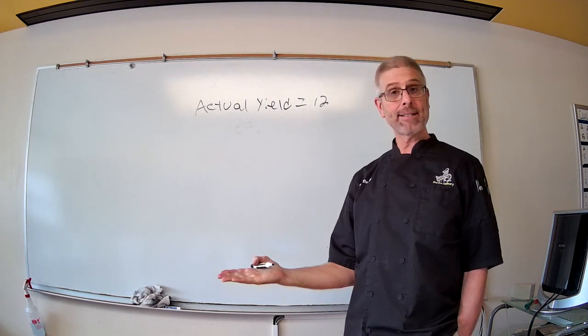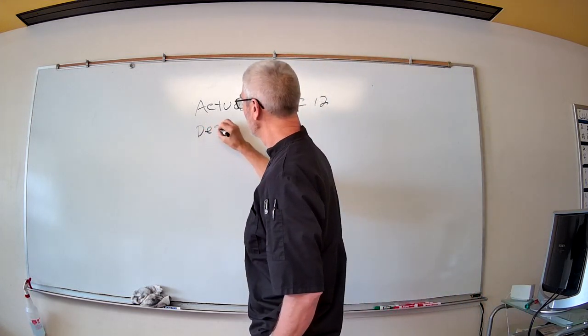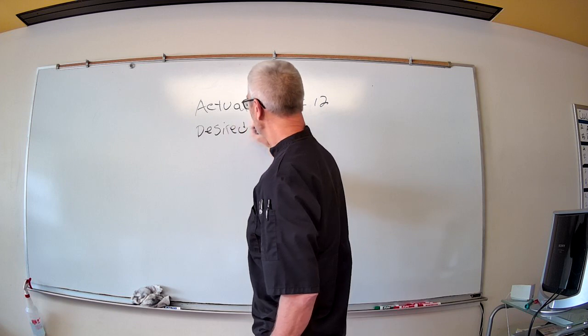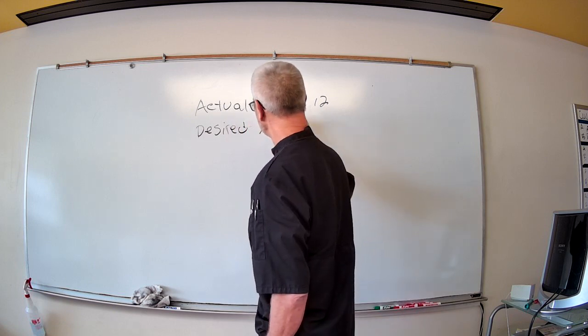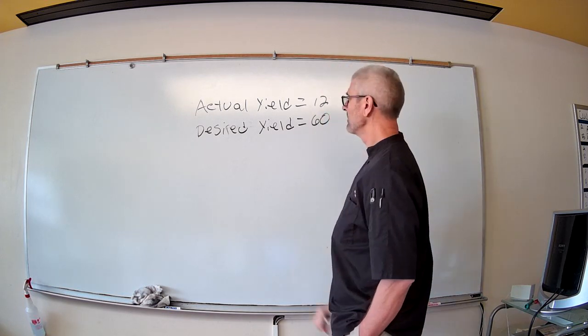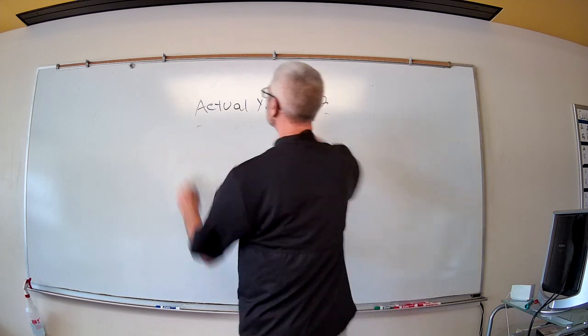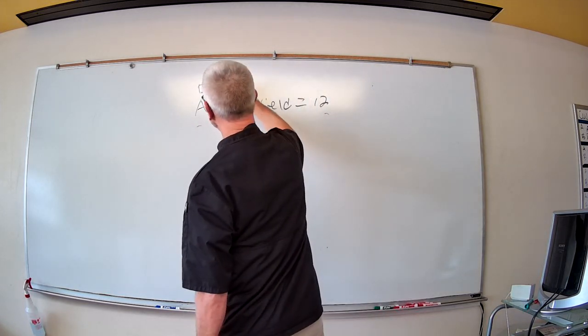Now I want to make 60, so the desired yield is 60. I got that backwards.